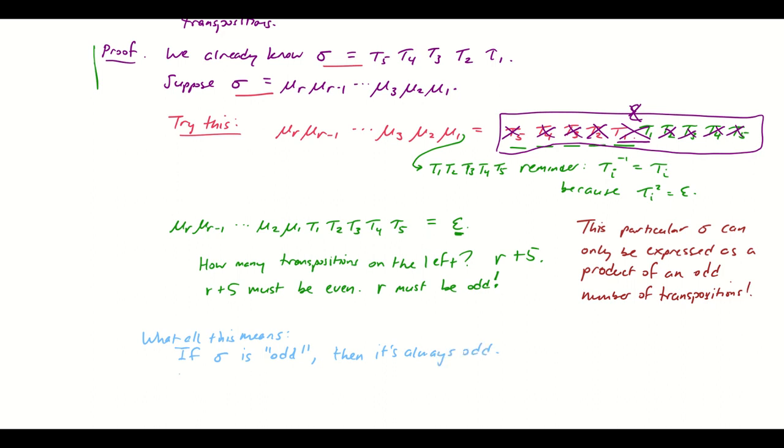And for the same reasoning, if sigma is even, then it's always even. There's no way to express it as a product of an odd number of transpositions. And so because of that, I put these in quotation marks, but these are actually official group theoretic terminology here. So odd means that sigma is expressible using an odd number of transpositions.